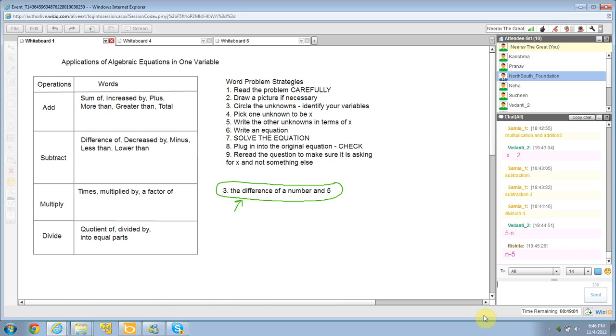Okay, it was 7 less than twice a number. I'll paste it right here, so you guys can look at this table as you work through it. Okay, here we go. This one is going to use 2 different operations. As you get them, just go ahead and type them. You already see some people starting to do that, so that's good.